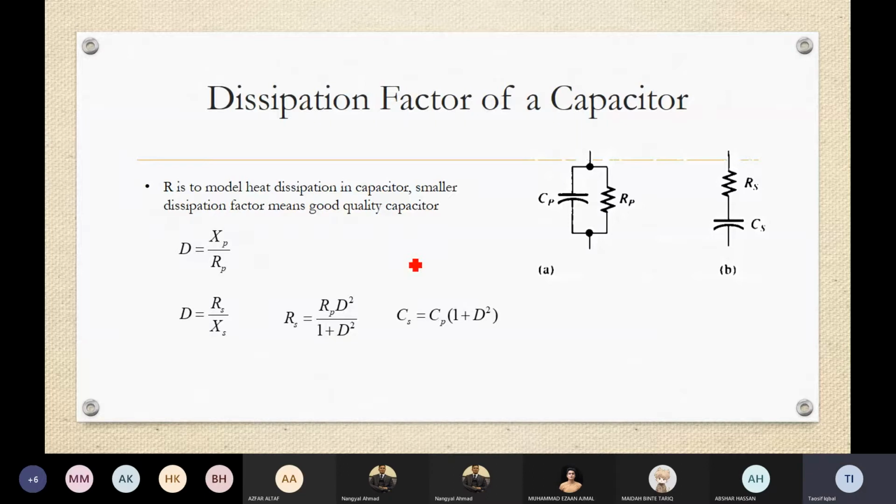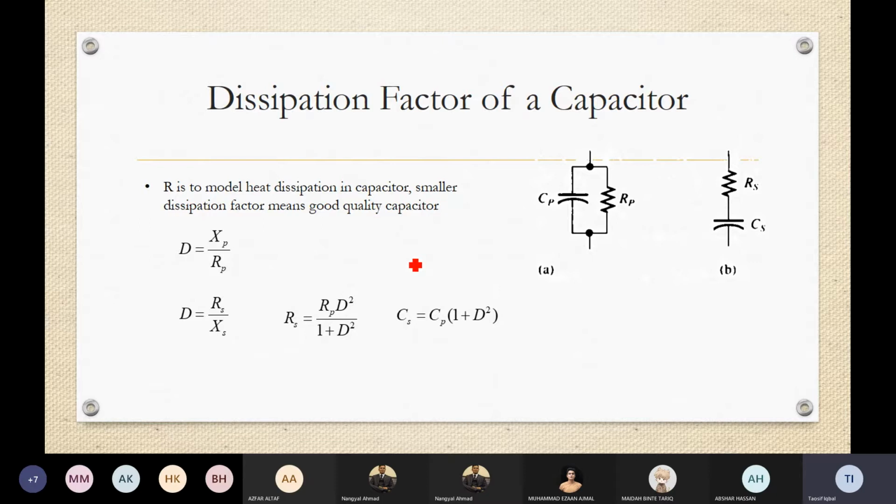So now let's see if we have parasitic components with the capacitance, then we can find out this value using the formulas given here, and there is also a dissipation factor involved in the capacitor, which indicates the ratio between the reactance of the capacitor and the resistance of the capacitor.